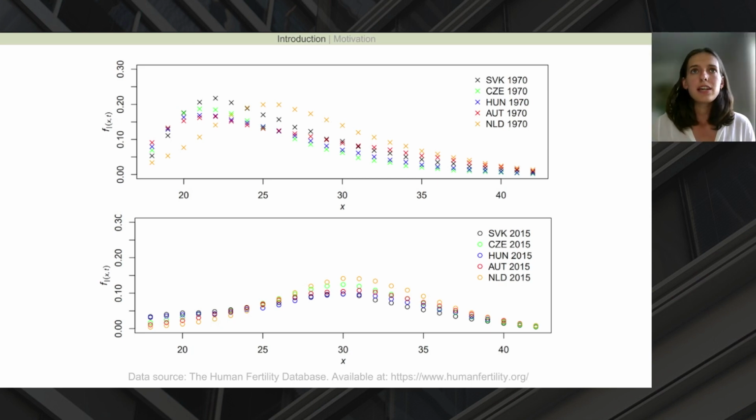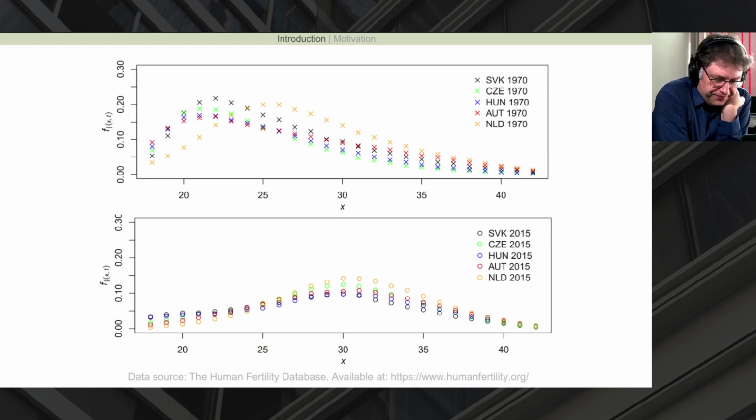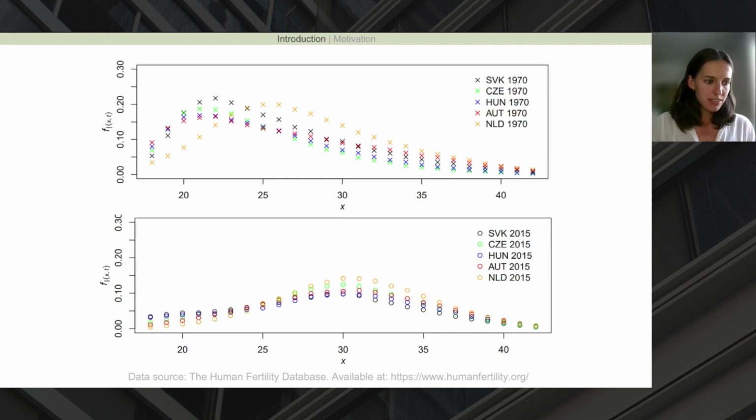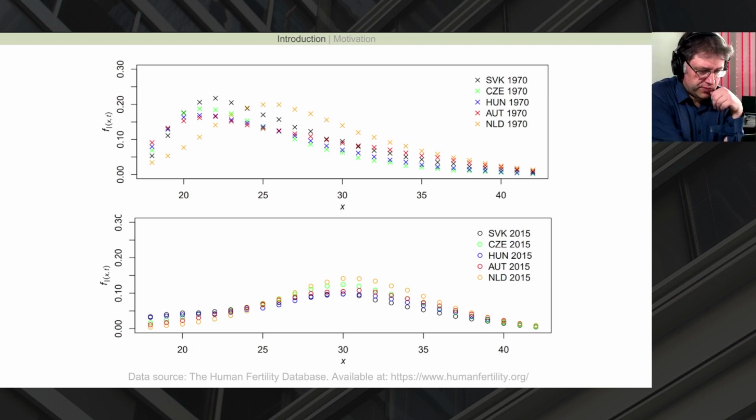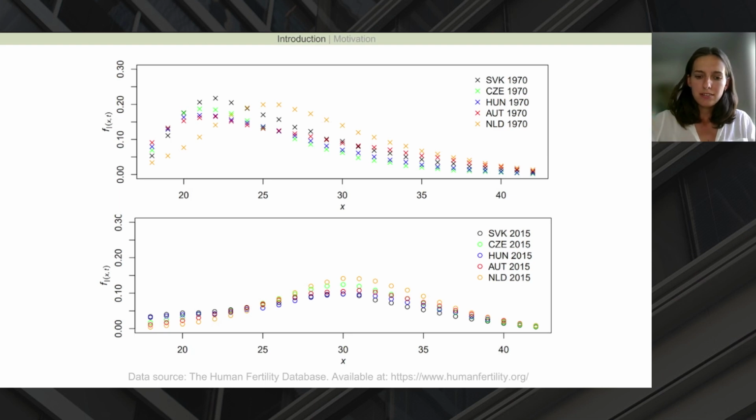Okay, thank you for your question. So our model does not include, or we can't say that, some economic changes directly affect the fertility rate.